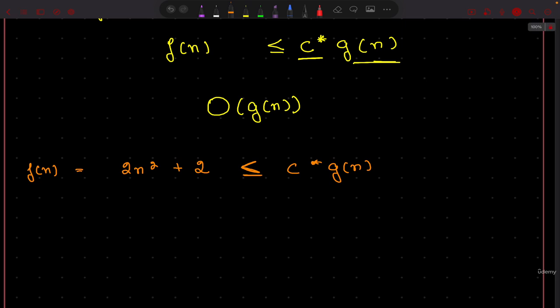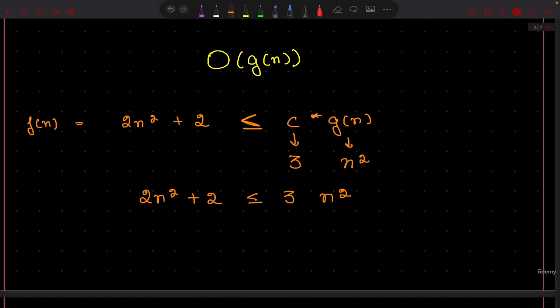If I take my g of n equal to n square and say my c equal to 3, then I can always say that my 2n square plus 2 is going to be less than this 3n square. Now g of n is actually n square, as you can see.